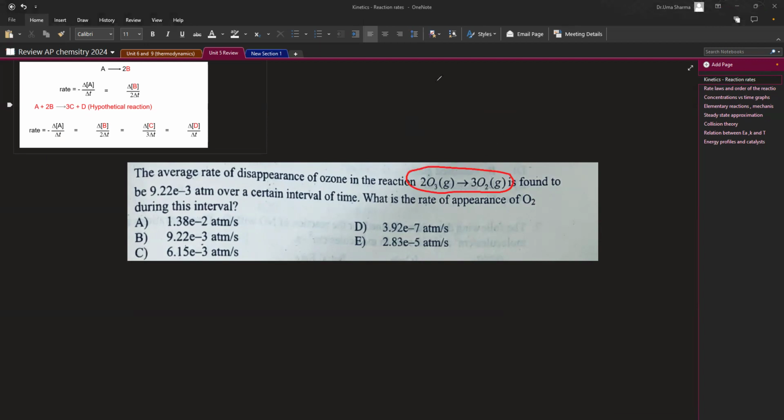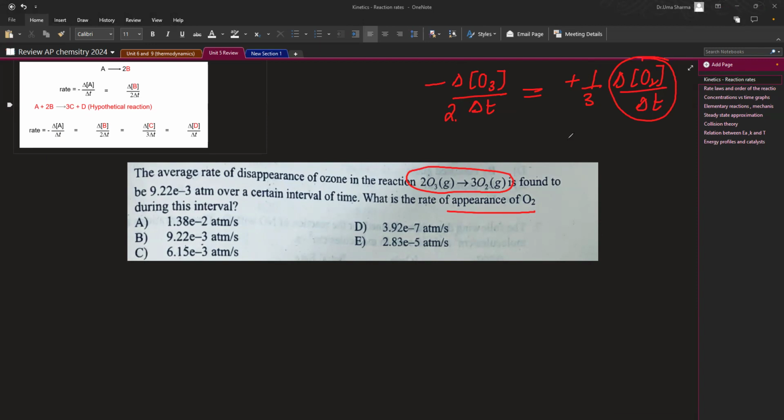So what you have to do is write down minus delta O3 over delta T. Take this coefficient here in the denominator, equals plus 1 over 3 delta O2 over delta T. What are they asking? Appearance of O2 means this thing they are asking.